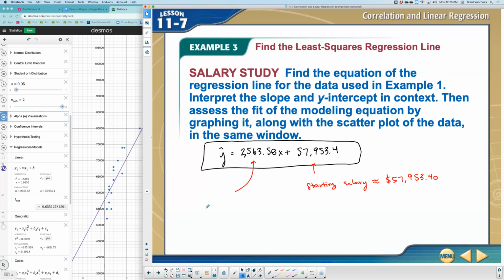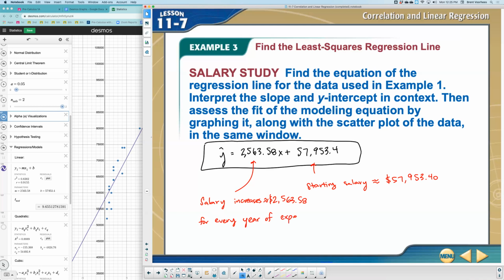And the slope is talking about every extra year you've worked: the salary increases approximately $2,563.58 for every year of experience.